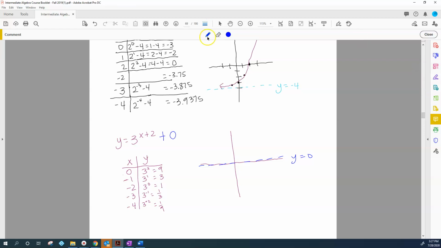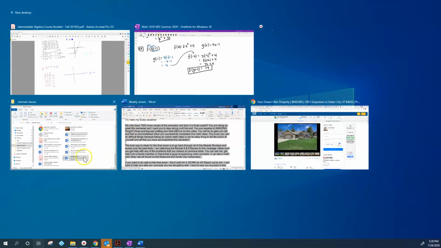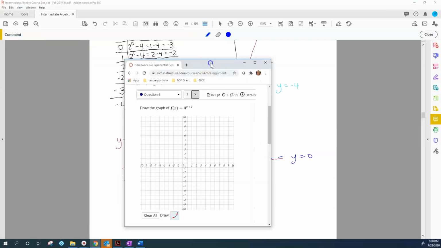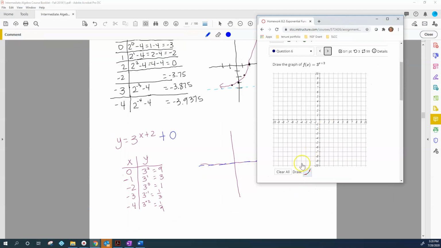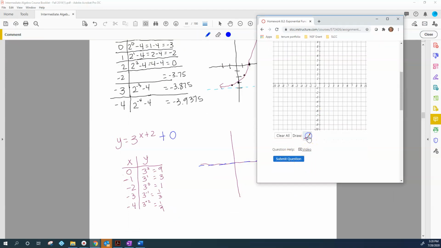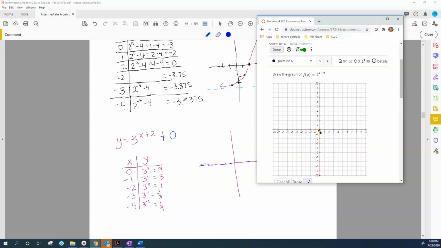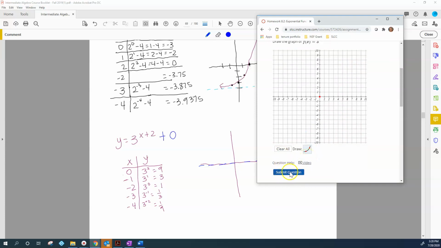So let me go back to this a little bit. Homework question. Where did it go? Oh, here it is. All right, so when I'm trying to draw this on here, you've got to pick where the asymptote's going to be first, which is going to be, oh, wait a minute, this one didn't have you do that. I guess if the asymptote is somewhere other than y equals 0.